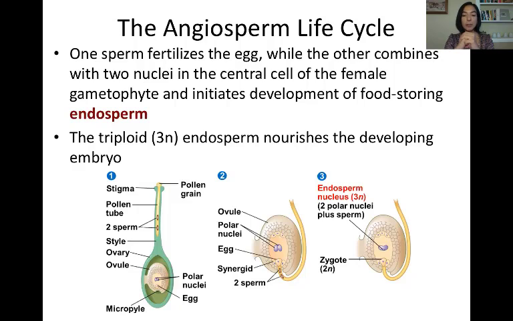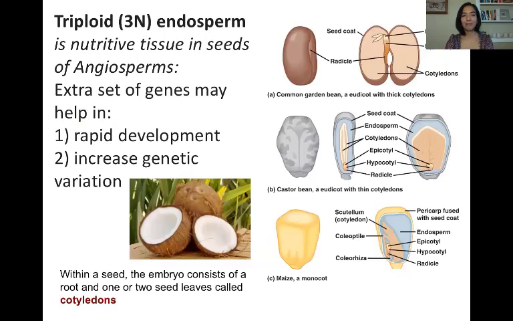In angiosperms, this comes from the endosperm, which is triploid. These are the only group of plants that have this double fertilization in their life cycle.